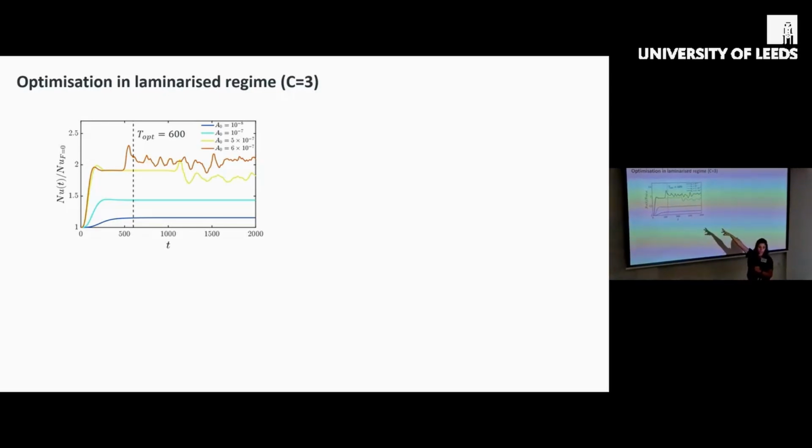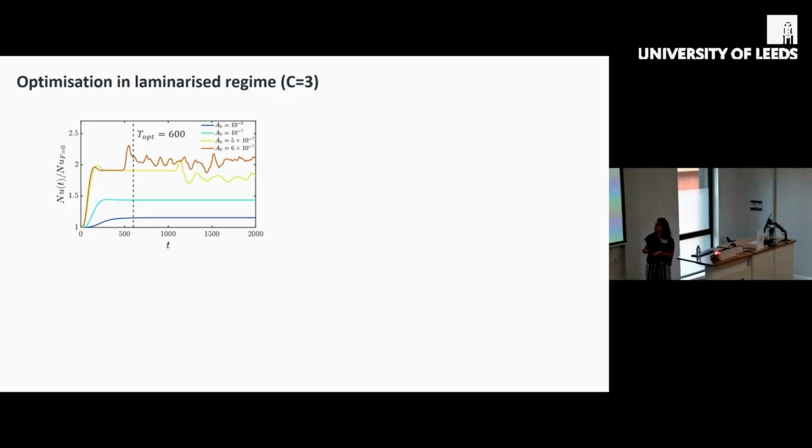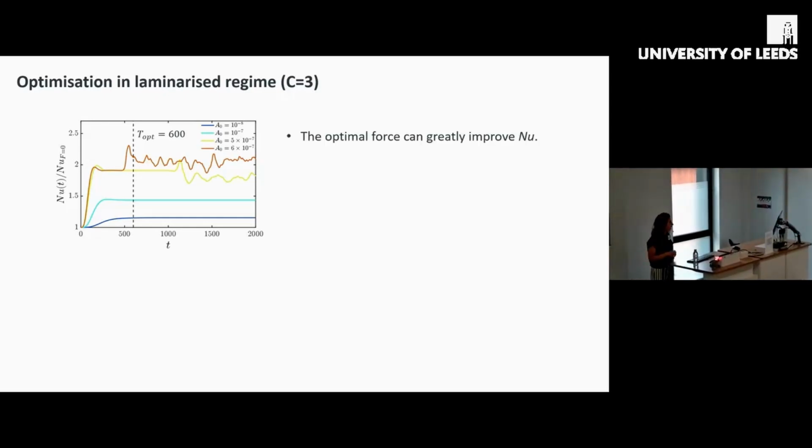the Nusselt number, this measure of heat transfer, normalized by the unforced value. This is for optimized forcing with different amplitude A naught for each curve. So we can see that with this optimized body forcing, we can greatly improve the heat transfer.